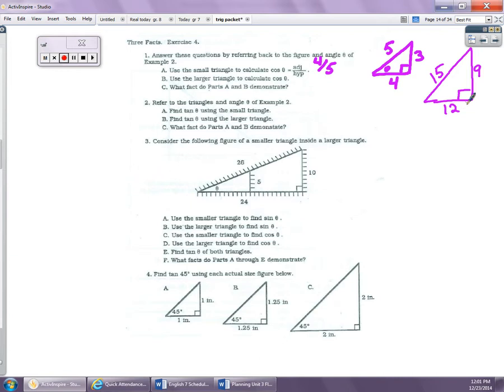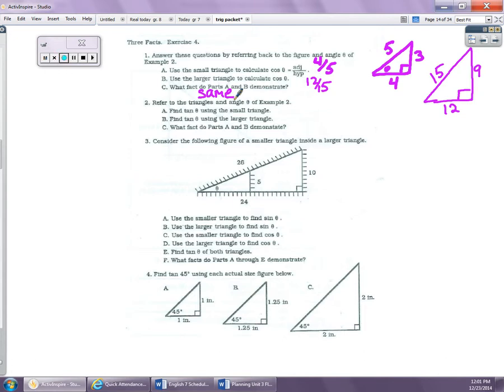So 3 times 3 is 9, 5 times 3 is 15, so 4 times 3 is going to be 12. So our cosine of the larger triangle will be 12 over 15. And what do you know about 4 over 5 and 12 over 15? They're the same. They both give you 0.8.